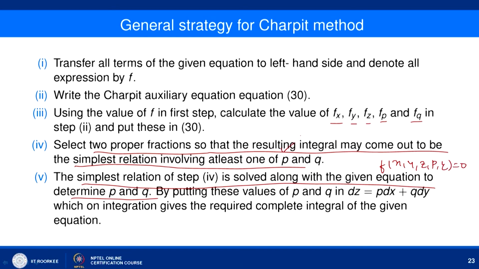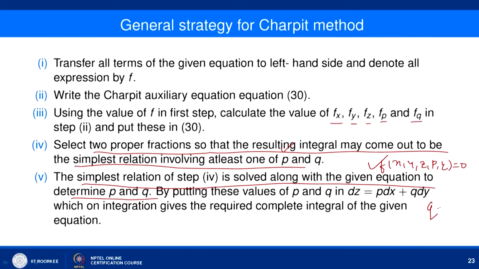So, once we have p, then of course, since they have one solution in common, it must satisfy the given equation, that is f(x, y, z, p, q) equal to 0. By this you find the expression for q.